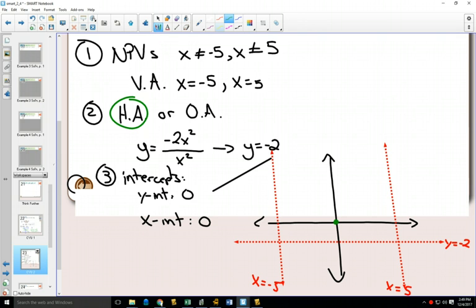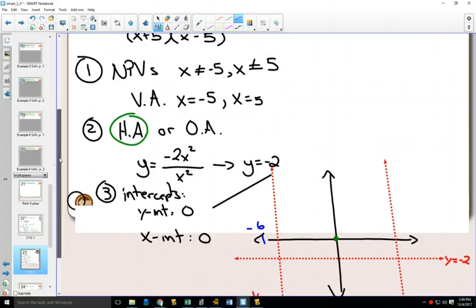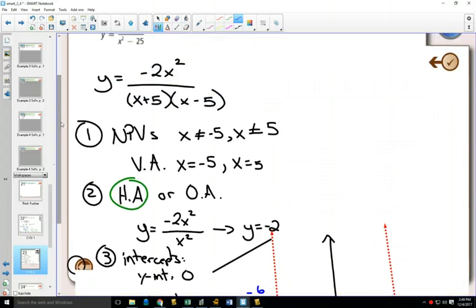Our vertical asymptotes split our graph up into different domains. Can you see that your domain is less than -5, in between -5 and 5, and then after 5? And so that separates it into 3 sections of x values. If we wanted to find out what happens in the first section, we can choose a value, say -6. If I go up to my equation and plug in -6, -6 squared is 36 times a -2. I'll get -72 on the top of my fraction.